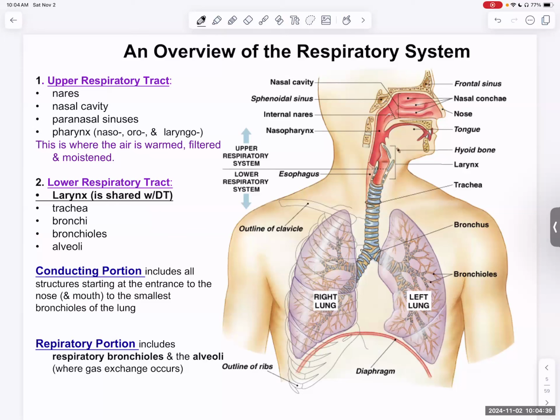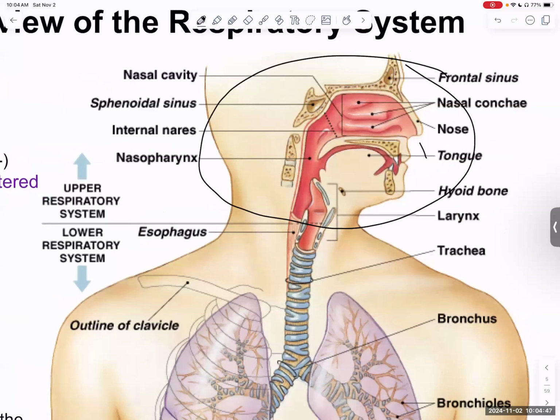Quick overview of the anatomy. We have the upper respiratory tract and the lower respiratory tract. So the upper respiratory tract is all of this wonderful stuff. It's where we get that atmospheric air either through our nose or through our mouth, and we take it into the pharynx.